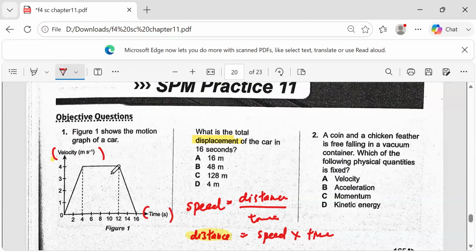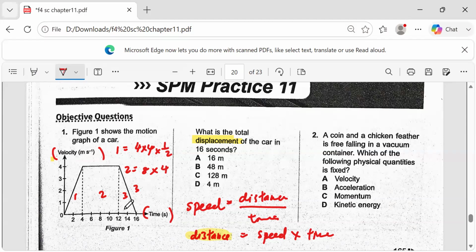Basically, it's the area here. Understand? The area here. So what is the area of this triangle? Part 1 is 4 multiply 4, but this is a triangle so multiply half. Part 2, 4 to 12 is 8 multiply 4.